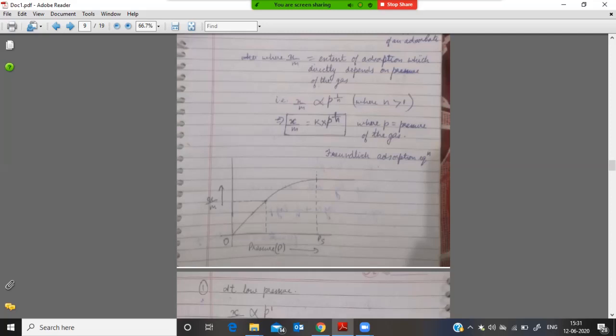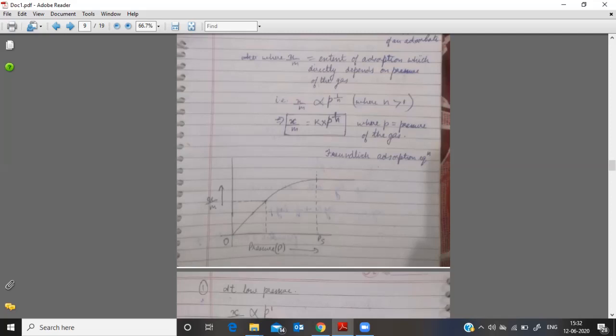This indicates that at these pressures, 1 by n is equal to 1, or n is equal to 1, and x by m is directly proportional to the pressure. It indicates that as pressure increases slowly from the origin towards the right, the line is almost passing through the origin, which represents that the extent of adsorption is directly proportional to the pressure of the gas in the vessel.